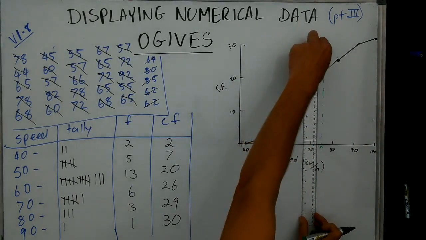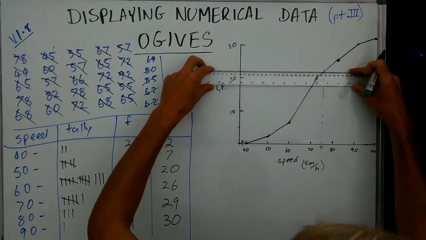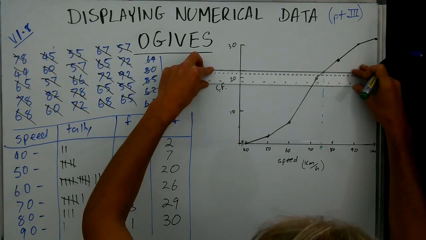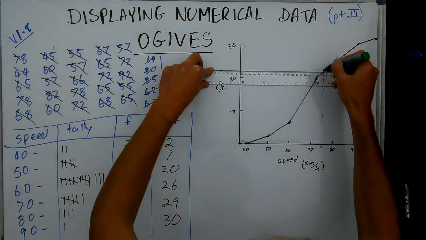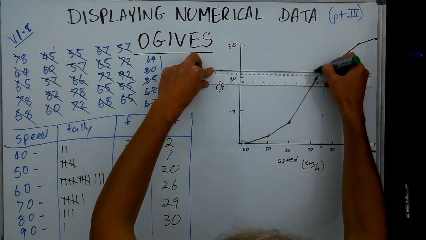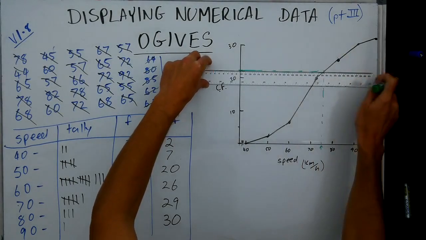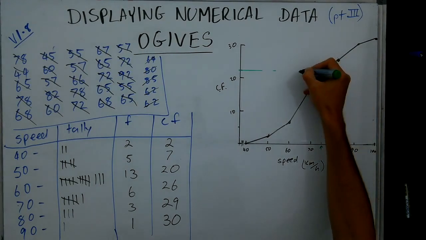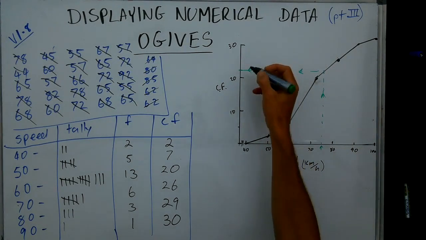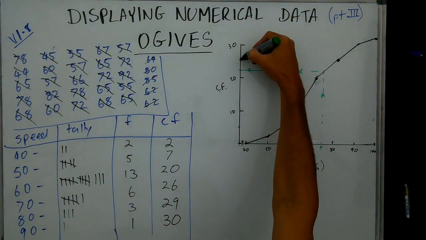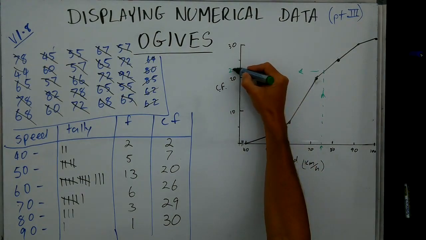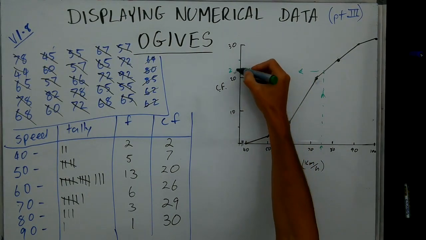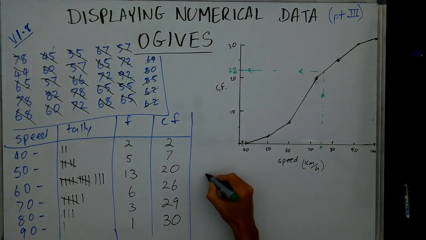Because really, all we need is that point where it crosses the graph. So we started here, we measured up to the graph, and then we went this way, and that's 25. I'm going to say that's, oops, not 20, 22.